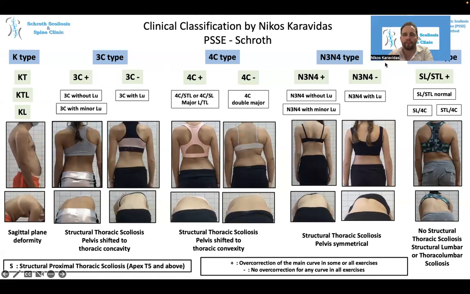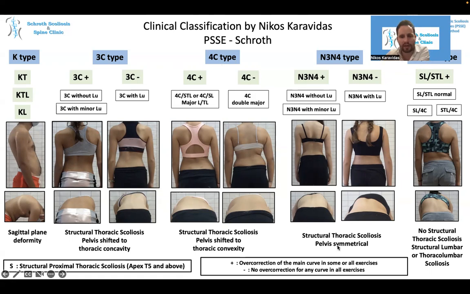When you have a structural thoracic scoliosis with the pelvis shifted to the thoracic concavity, this is 3C type. When you have a structural thoracic scoliosis with the pelvis shifted to the thoracic convexity, this is 4C type.